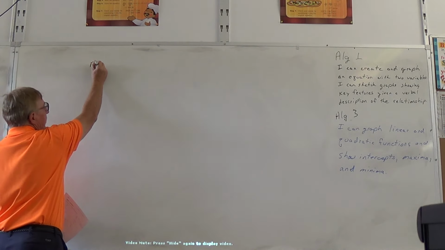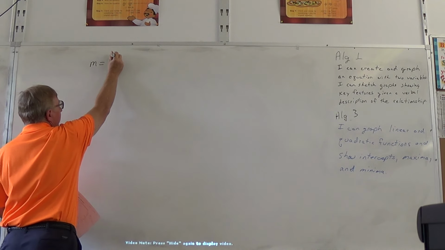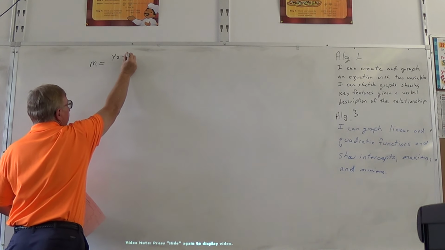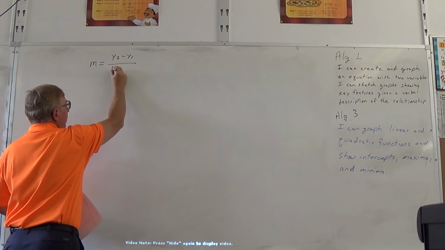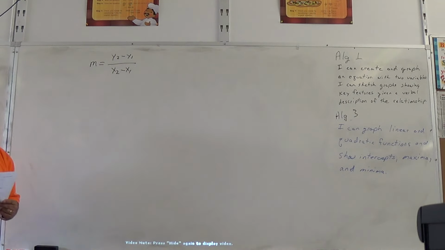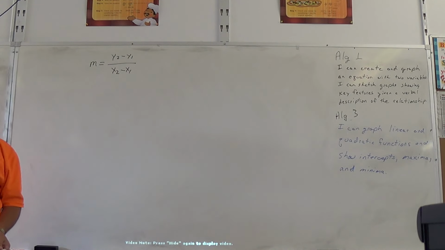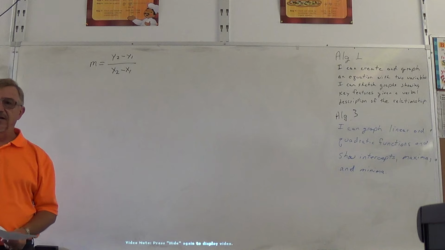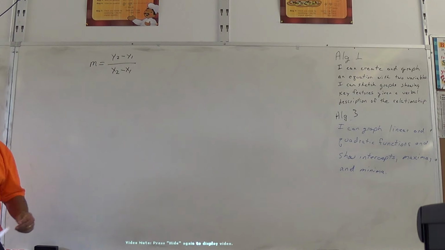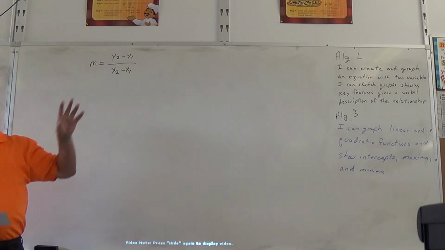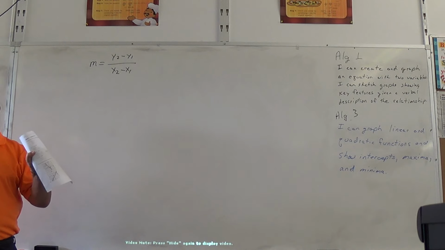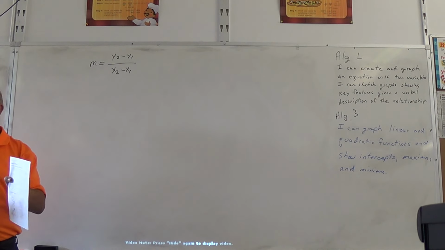Slope intercept? No, we're going to be doing that with m equals y2 minus y1 over x2 minus x1. Write that at the top of your paper when you're doing something like this, because then you remember all the way through that that's what you're doing.